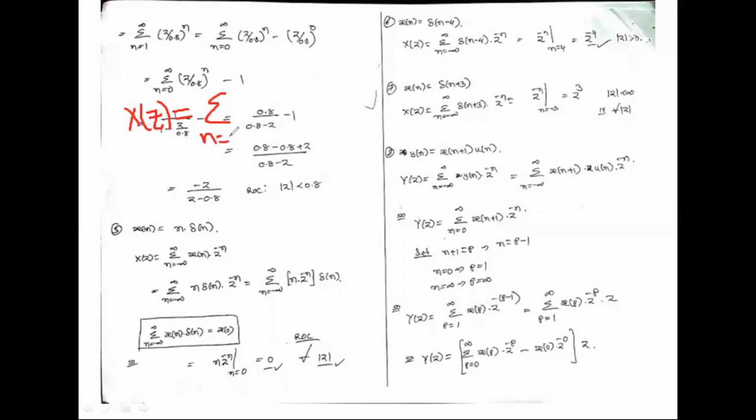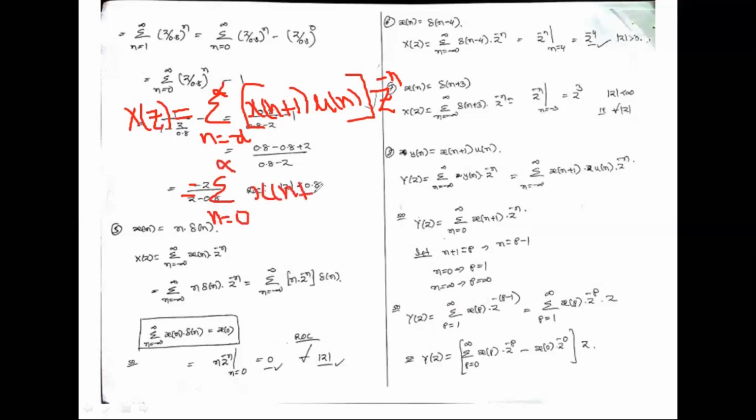Sum of n is equal to minus infinity to infinity, x of n plus 1 u of n as the function, and z power minus n. What is u of n? The range changes from minus infinity to infinity to 0 to infinity. x of n plus 1, u of n is 1, and z power minus n.